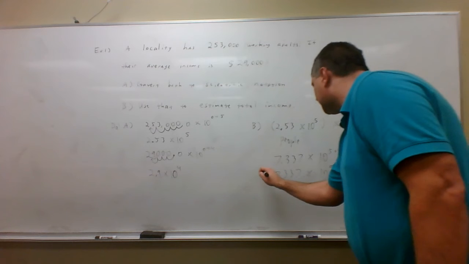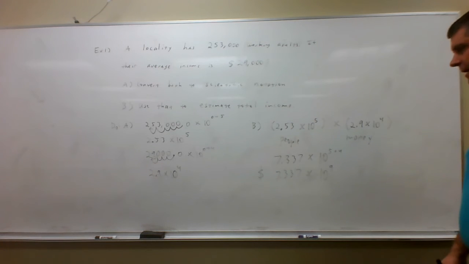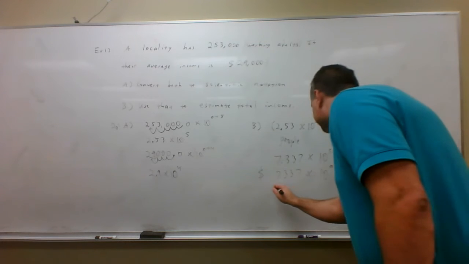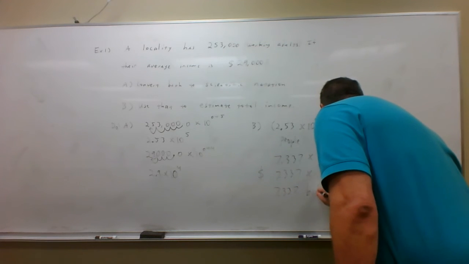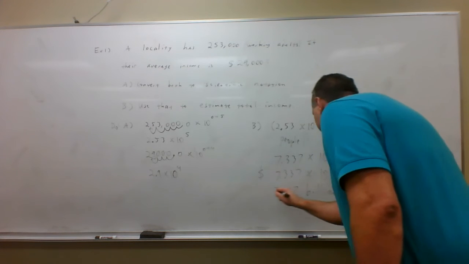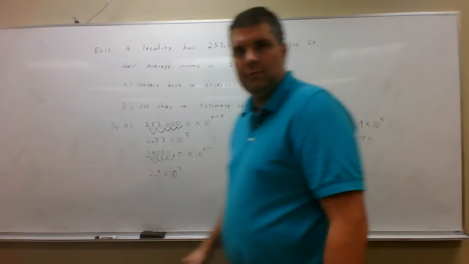So that's approximately how much money is being made here. Okay? 7.337 billion. Okay.